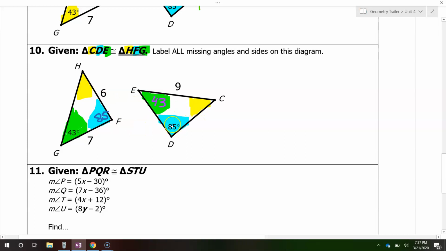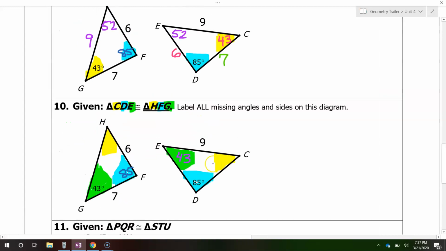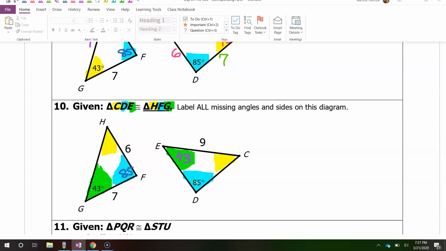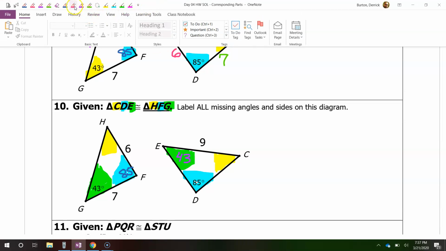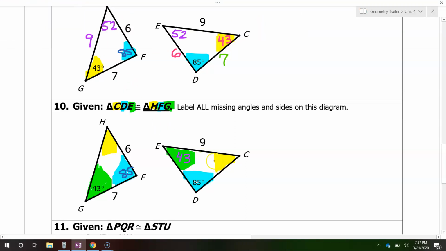We have two angles, so we can subtract from 180. Are these the same numbers as before? Wow, these are the same numbers as before. So let's cheat. When we had an 85 and a 43, the other angle was 52. It's the same deal, so we don't need to do that again. These angles will be 52.